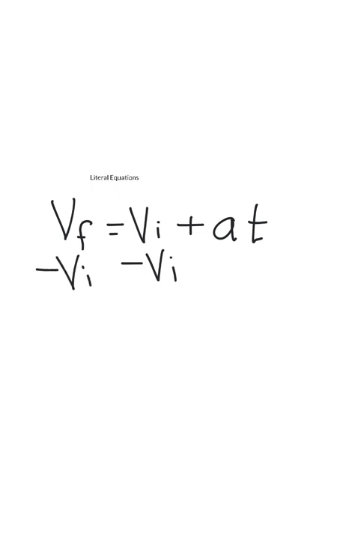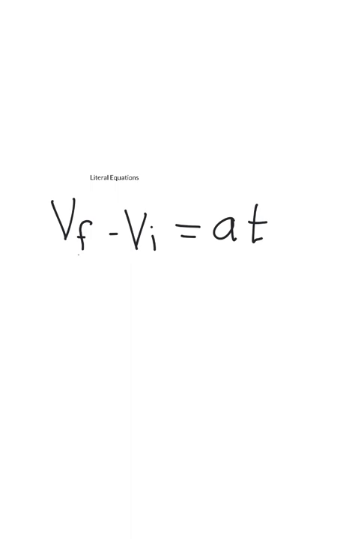Now the VI will cancel out over here, and our equation looks like this: V final minus V initial is equal to AT.